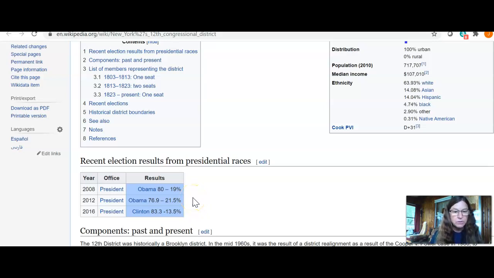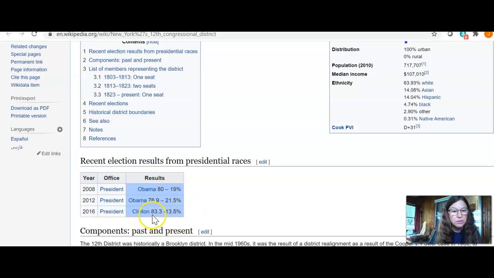Obama in 2008 won 80% of the vote. In 2012, he won 76.9%, so his support went down a little bit. In 2016, we can see that President Trump only won 13.5% of the vote. So not surprising that that occurred.